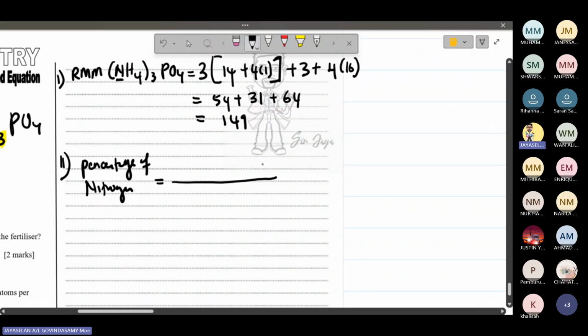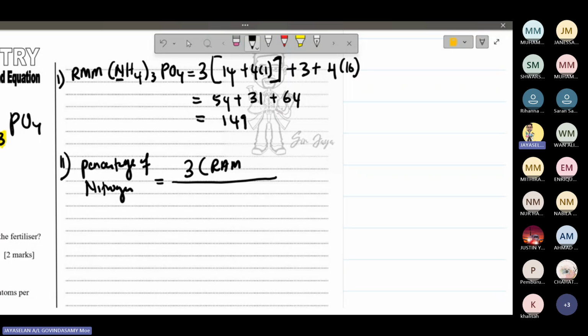So what you all do here? You divide 3 nitrogen atoms times with RAM of nitrogen. We want to find the nitrogen atom. Divide with RMM of all this compound, times with 100 percentage.